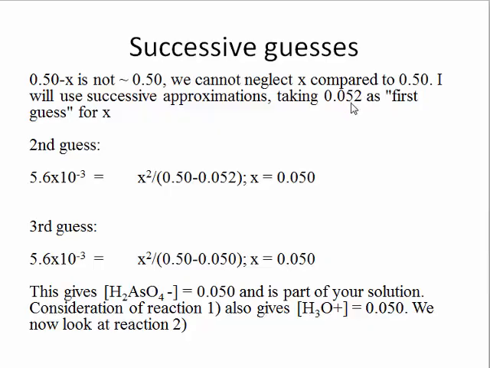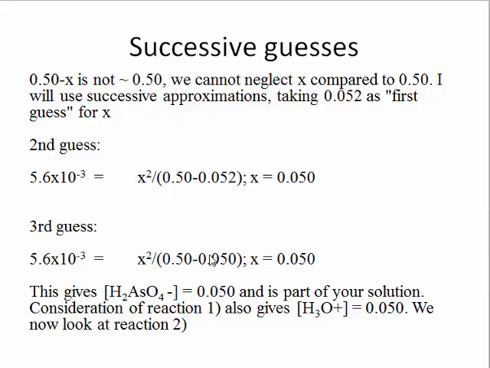Again, we take 0.052 as a first guess for x, which means insert it into the denominator of the ice table expression where previously x was neglected. K is still on one side, x squared still appears in the numerator. Again, solve for x and get 0.050.